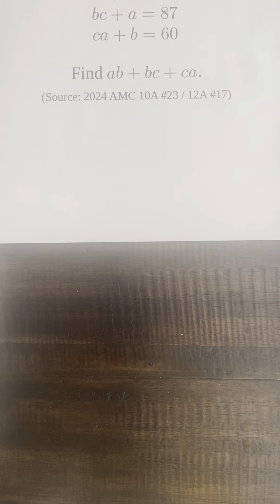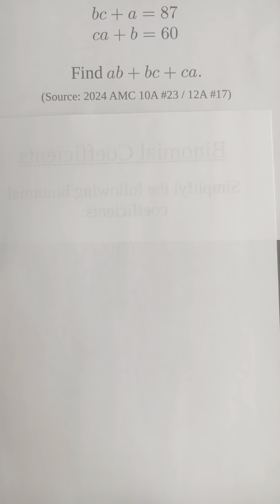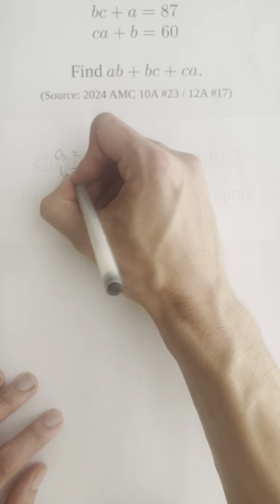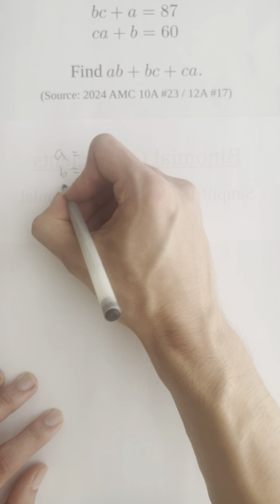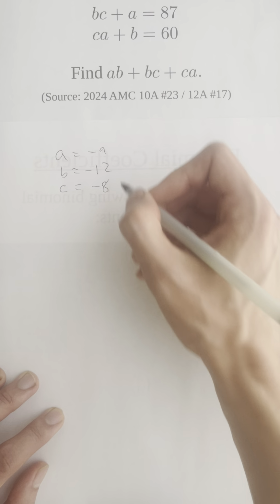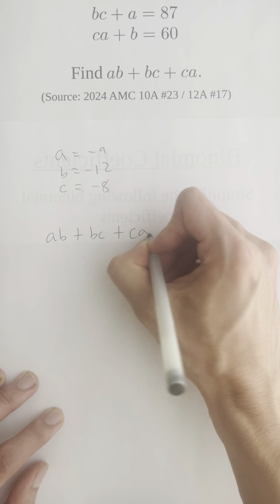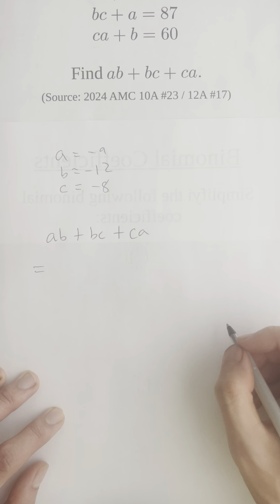I'll copy what we have for a, b, and c. So a is equal to negative 9, b is equal to negative 12, and c is equal to negative 8. So AB plus BC plus CA is going to be equal to how much?